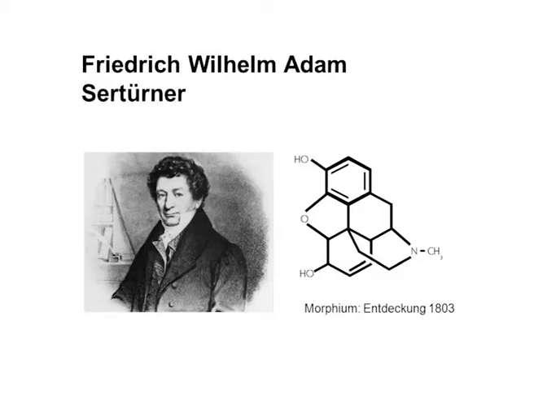In the year 1806, Friedrich Wilhelm Adam Sertürner, a German pharmacist's assistant, isolated morphine for the first time. It appeared to be a nitrogen-containing base, which was revolutionary as it was thought at the time that all organic substances were acids.